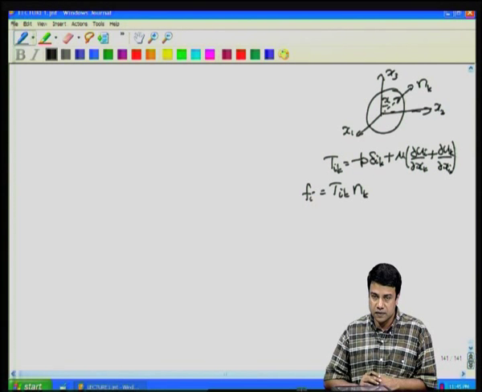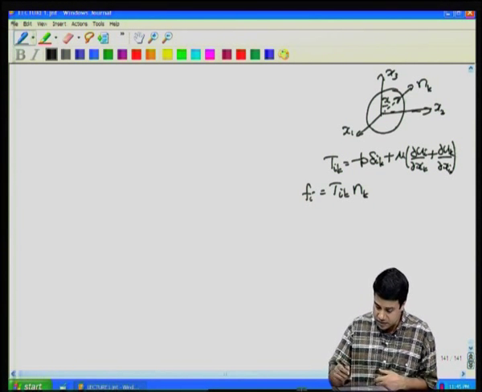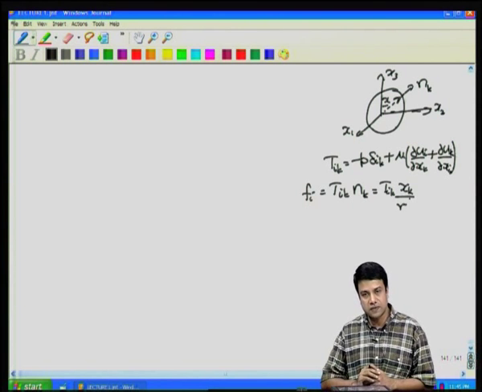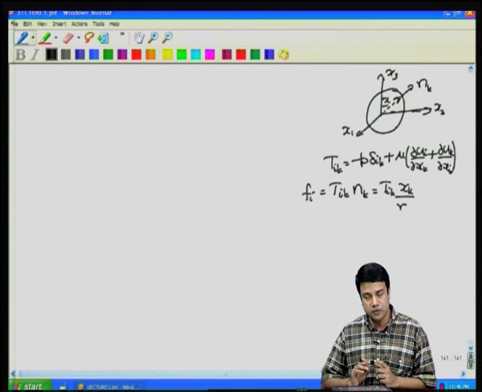The magnitude of x is the radius r itself. So, this is just equal to T I k into x k by r, because x vector itself is the position vector of a point on the surface, that divided by its magnitude gives me the unit vector. That is the force exerted at each point on the surface.